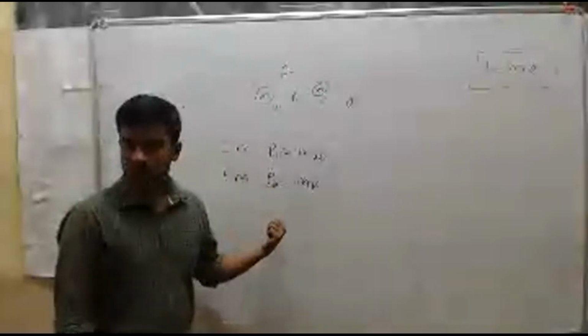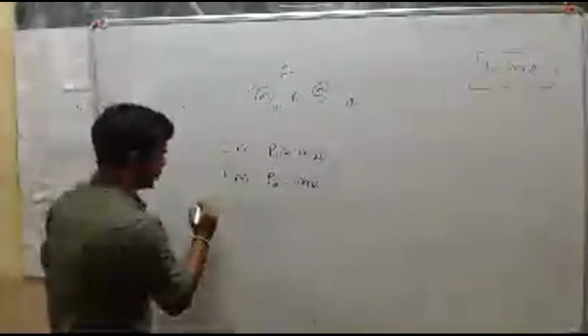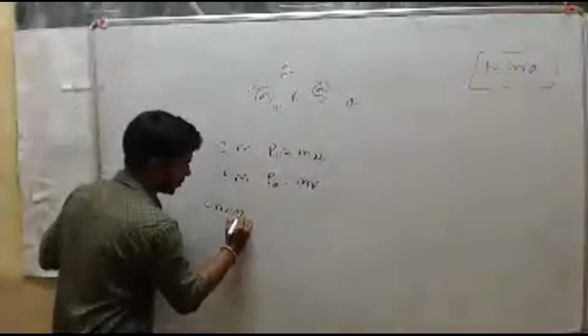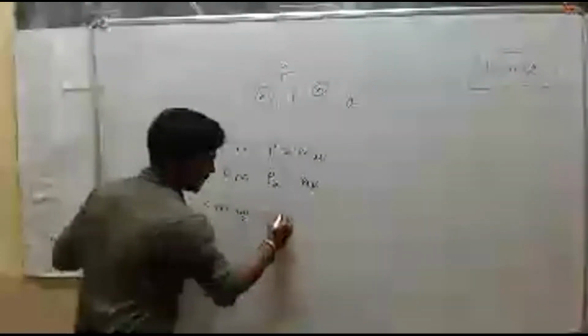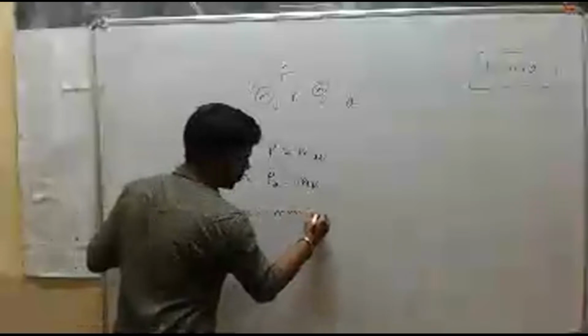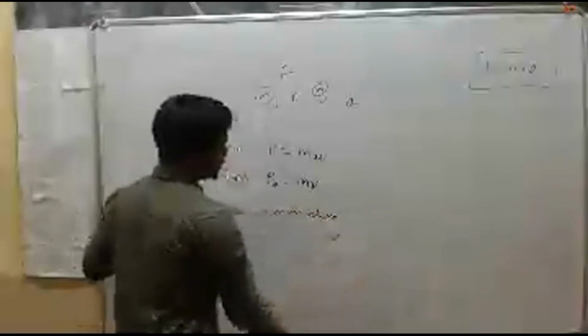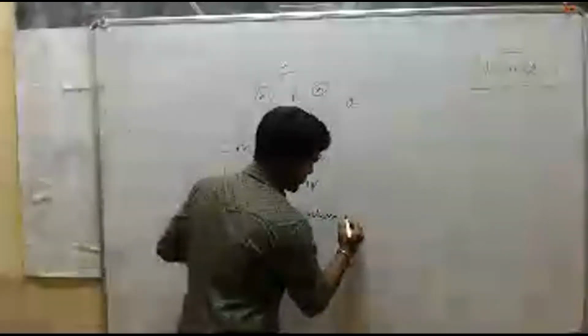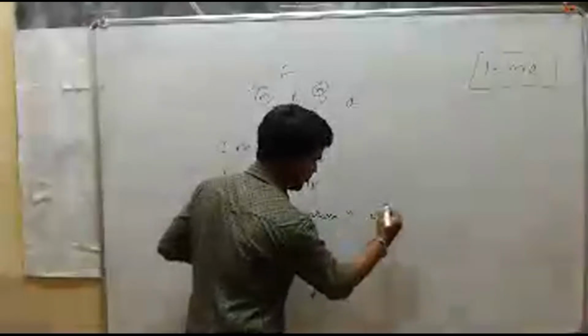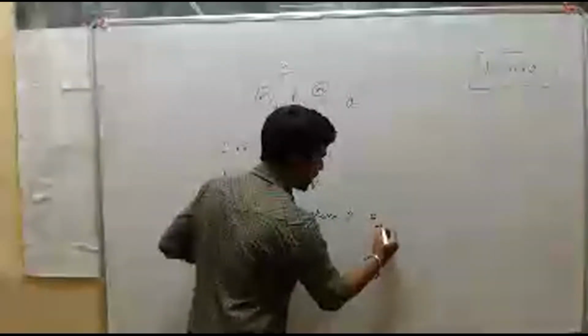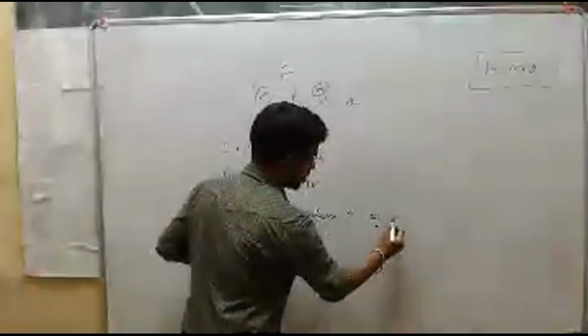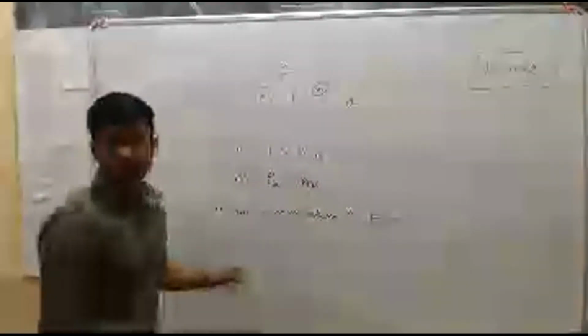Now the momentum changes, right? So now write the change in momentum. What is that change in momentum? I'll take the change in momentum as delta P equals P2 minus P1. Change in momentum means final momentum minus initial momentum.